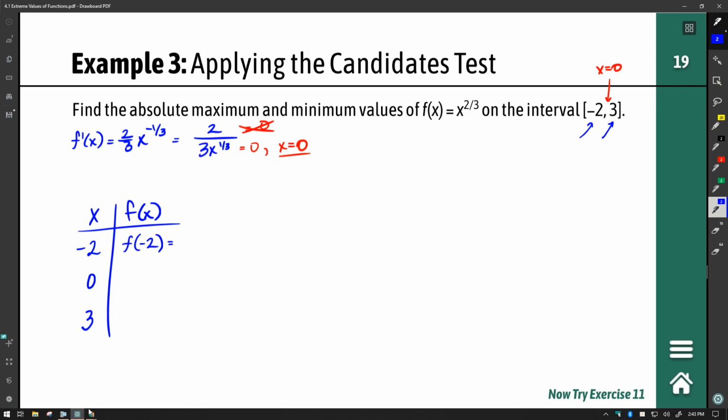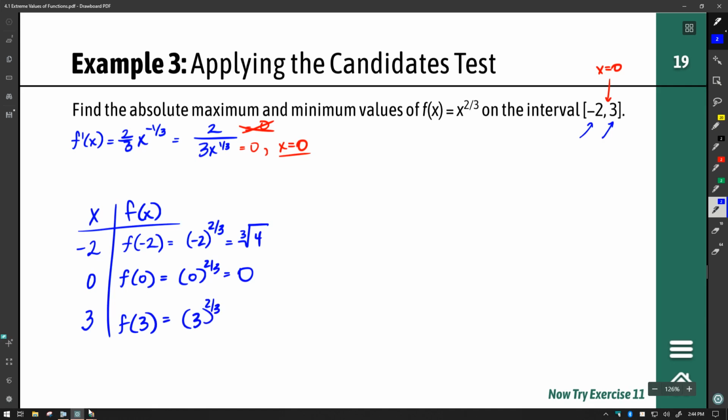We get -2 to the power of 2/3, which we could actually write as the cube root of 4, since -2 squared is 4, and then to the 1/3 power is a cube root. Next, f of 0. We have 0 to the 2/3, and that's, of course, 0. And then we want f of 3. So 3 to the 2/3 power is going to be the cube root of 9, because 3 squared is 9.